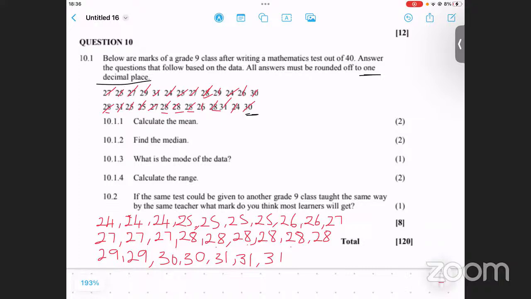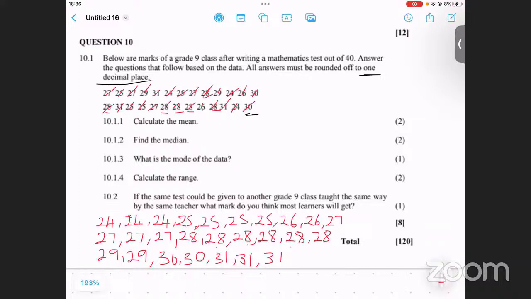Okay, cool. And Mangaliso, how much did you get as your mean, or are you still calculating? I'm still calculating, almost done. Do we have somebody who's done calculating? Zira, have you calculated already?